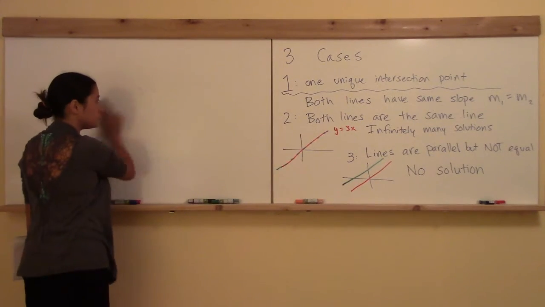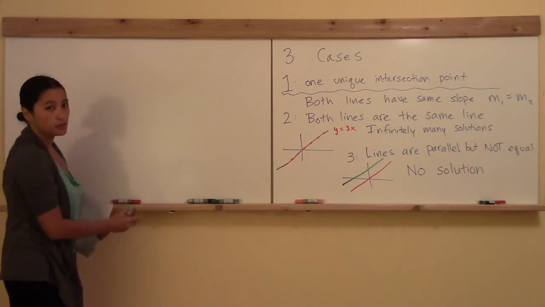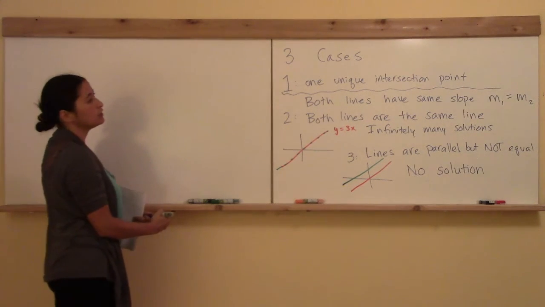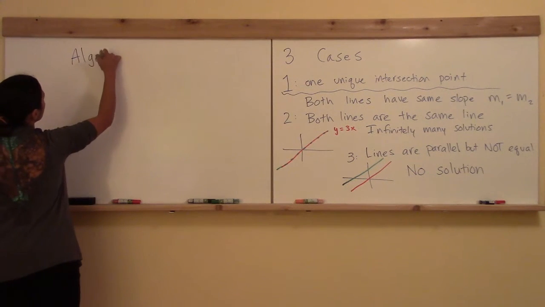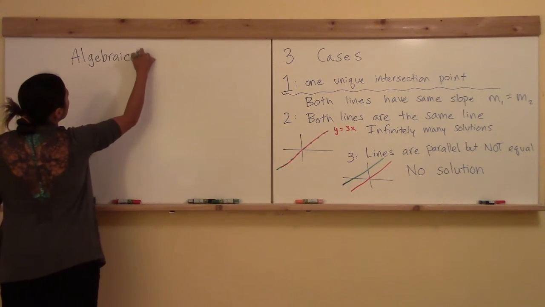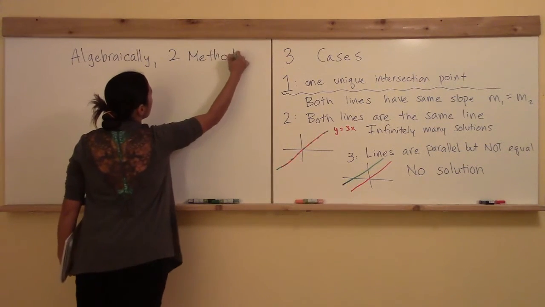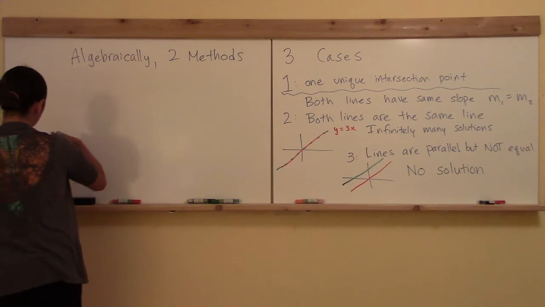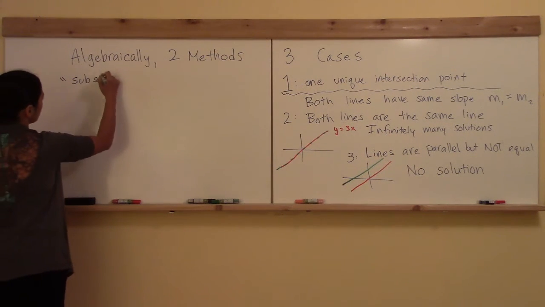In general, you can use whichever method works best for you when you're trying to algebraically locate the solution to a system of linear equations. We have 2 methods. The first one I'm going to call substitution, and the other one's going to be called elimination.